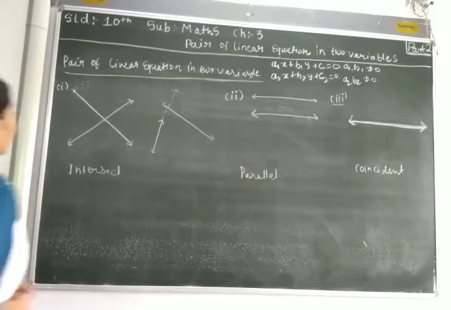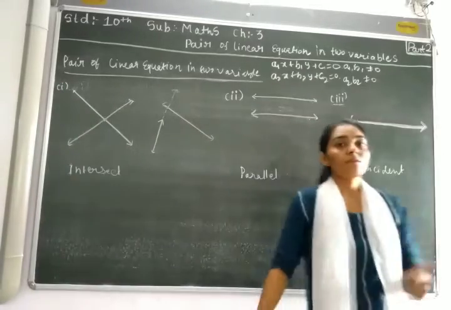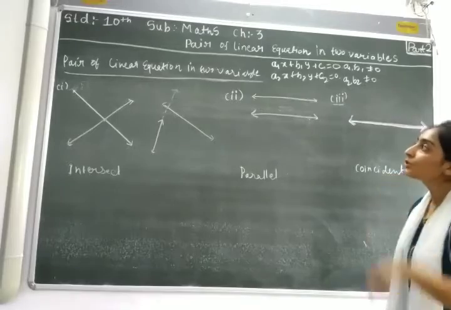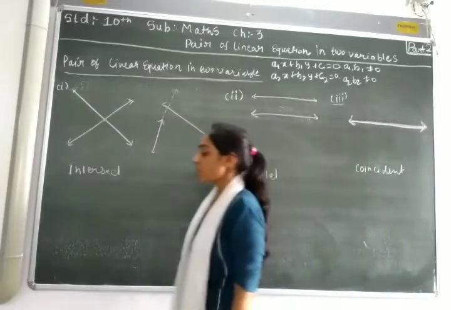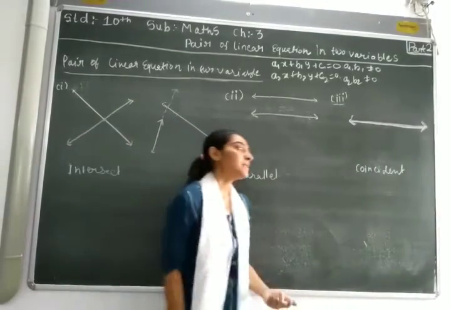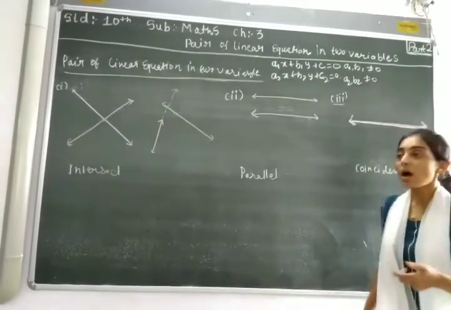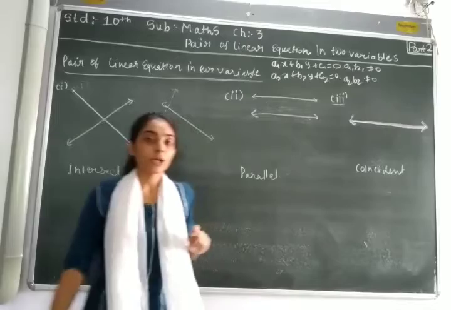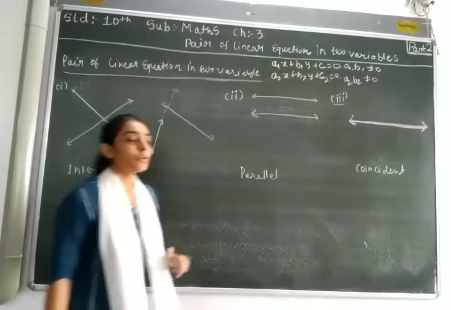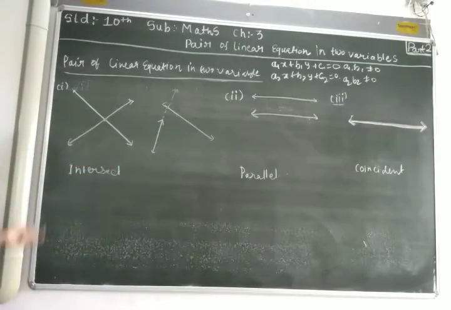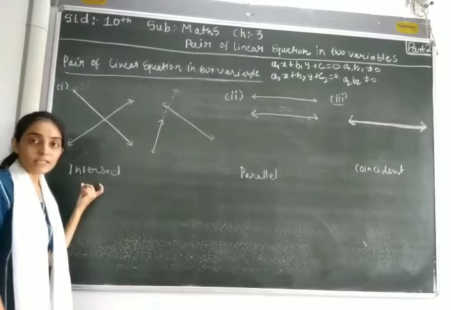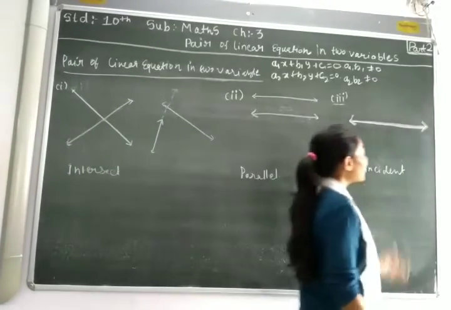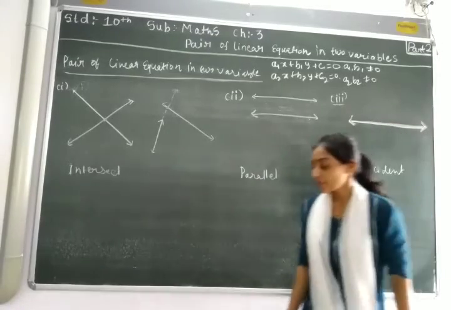Now we were talking about a pair of linear equations in two variables. You have already studied in standard 9 two lines on a plane. You have studied that they can either intersect each other, be parallel to each other, or be coincident.